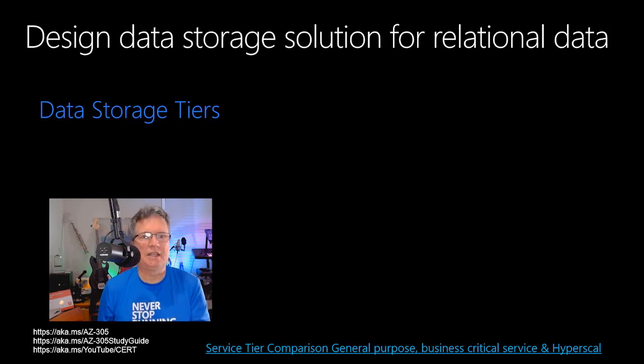And one of the key items they talk about are data storage tiers. There's two vCore service tiers available both in Azure SQL Database and Azure SQL Managed Instance. There's general purpose, which is a budget-friendly tier designed for most workloads with common performance and availability requirements.